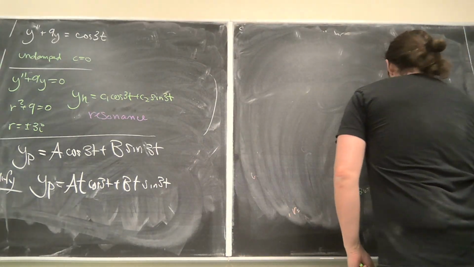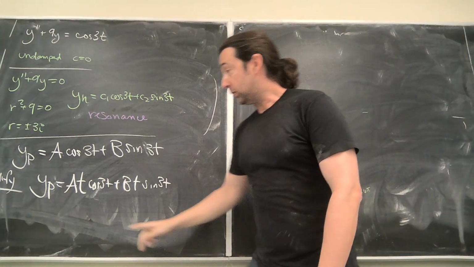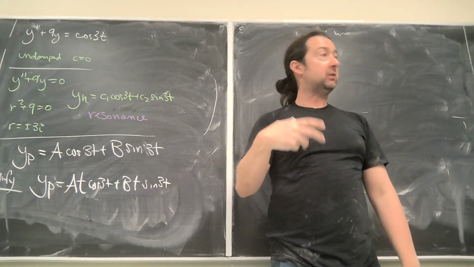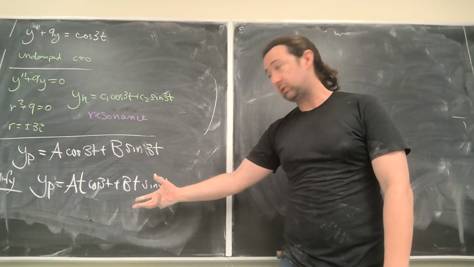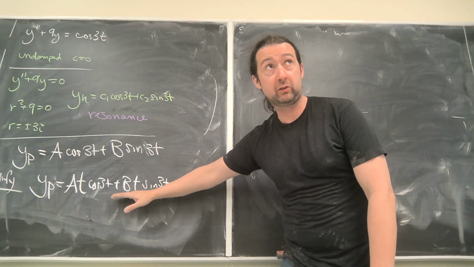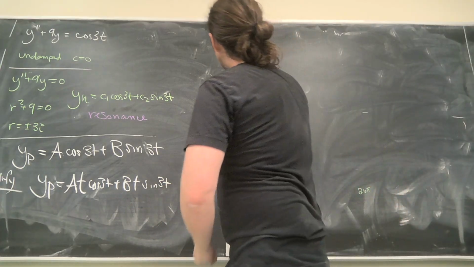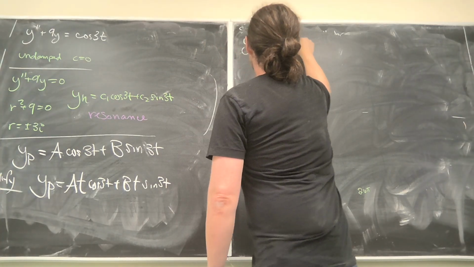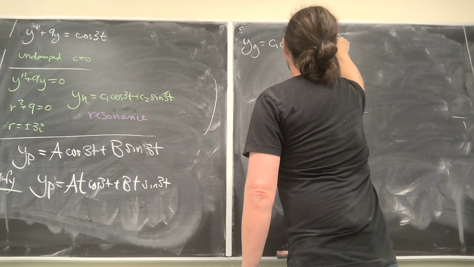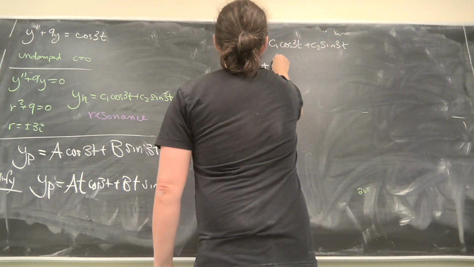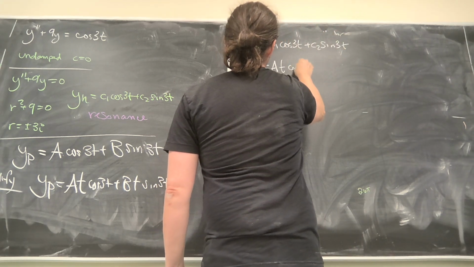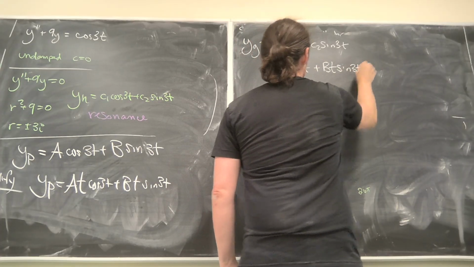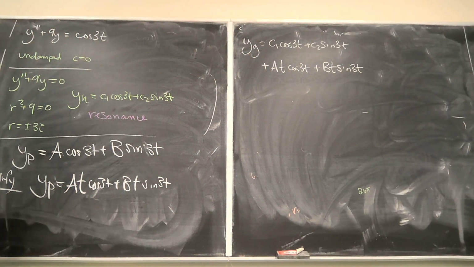But when you're done, this is going to work, and you're going to be able to find the A and the B that solve this thing, right? You just take the prime and the double prime and you plug them in, and you can see what the solution should be. This will solve the equation, this modified one. And when you write down your general solution, y_g, you're going to get c1 cos(3t) + c2 sin(3t) + A t cos(3t) + B t sin(3t).